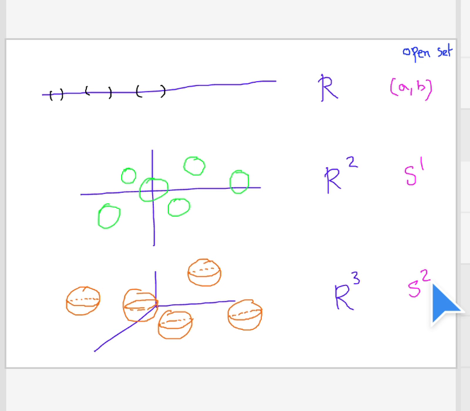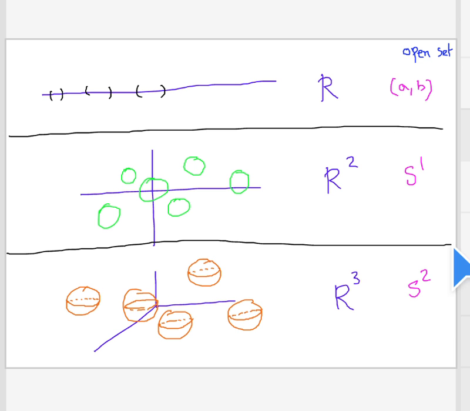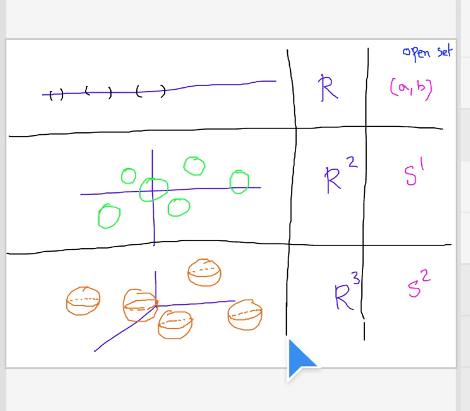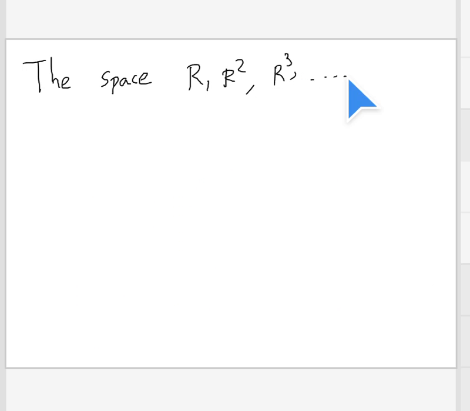You see that R, R2, R3, and Rn are topological spaces.